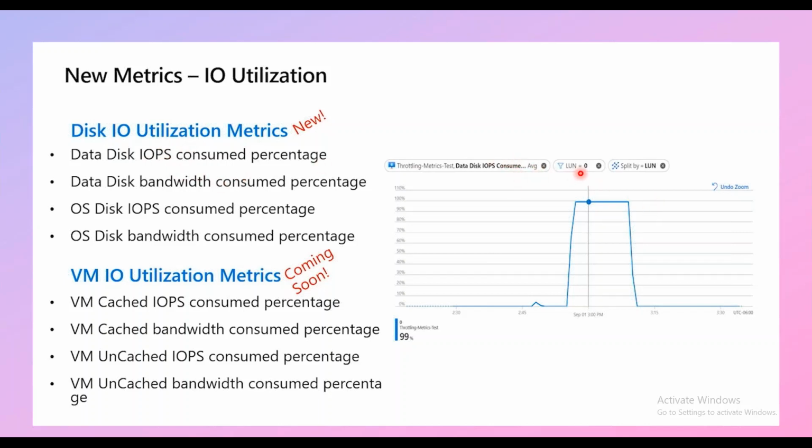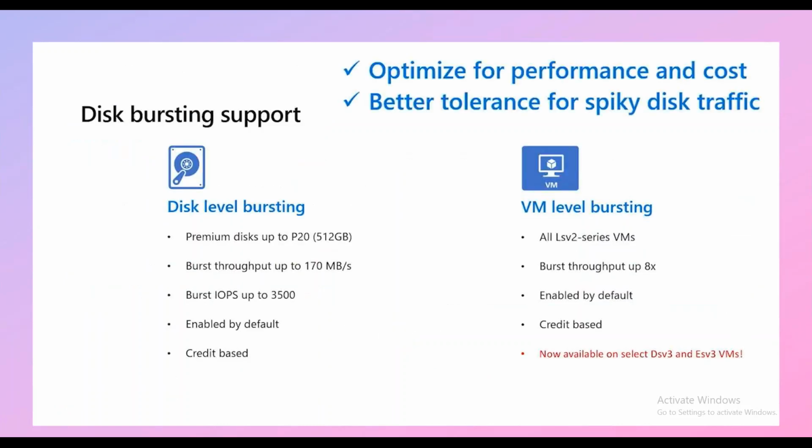You can also find out how much each LUN is utilizing. There are also virtual machine level IO utilization metrics, which are already available in beta and will be available for general release very shortly. This will give you an idea how much IOPS is being demanded by your workload, so that you can find out whether it is the instance type or the disk type that is limiting your application from achieving the maximum bandwidth.